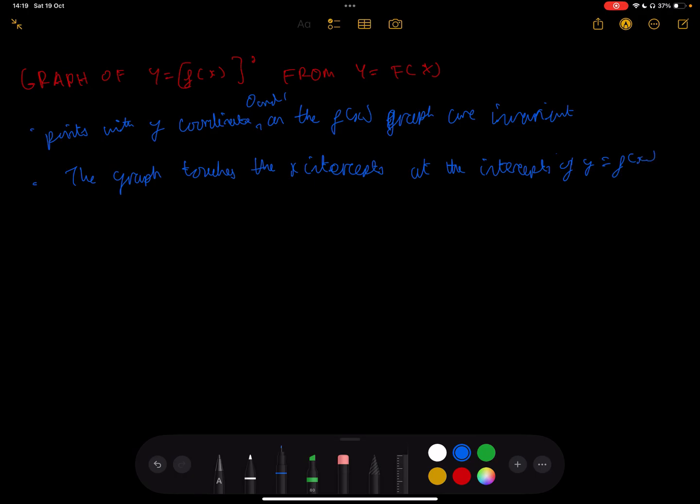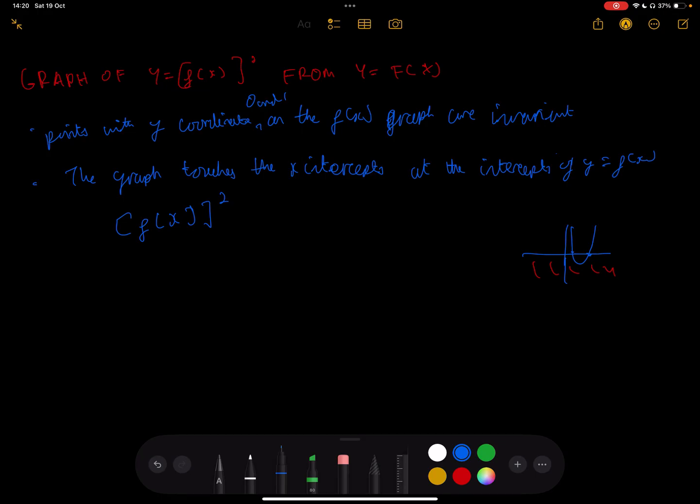Well, the graph of y is equal to f of x squared only touches the intercepts. The y value of the graph y is equal to f of x squared cannot be negative as it's squared, because we know that a squared value will always return a positive value. Therefore, it can only touch the intercepts. It can't go through the x-axis and go into the negative area here. Therefore, it can only touch it here and go back up.